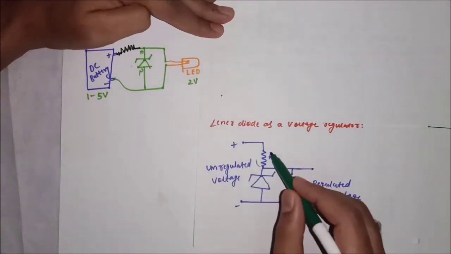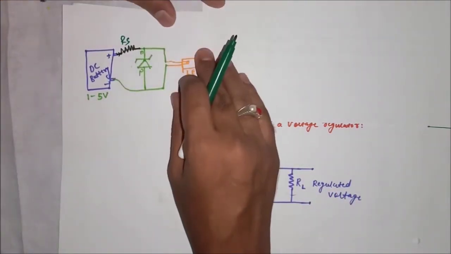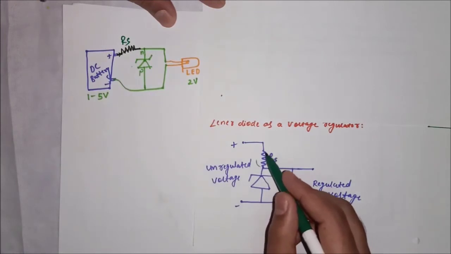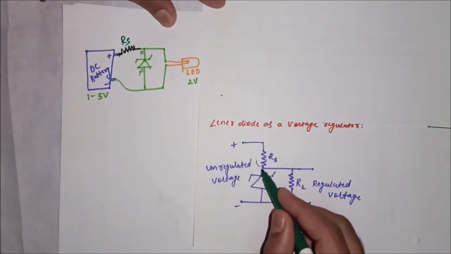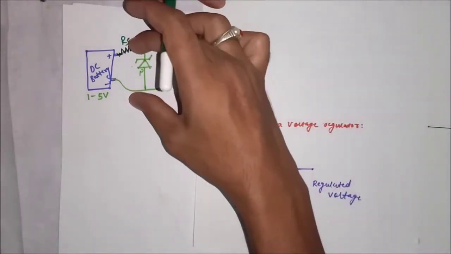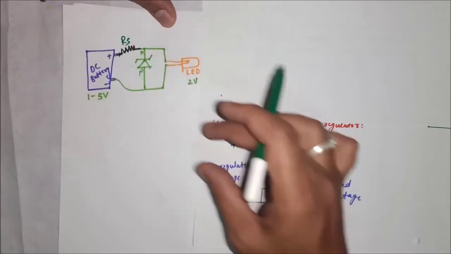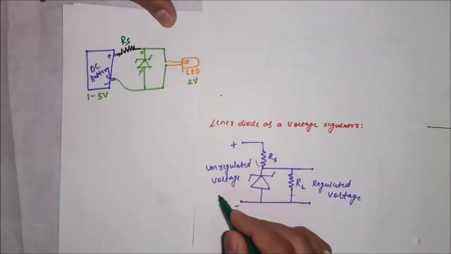And this resistor is called RS. RS means series resistor. It is connected in series with the diode. And these two ends are connected to DC, which is called an unregulated power supply.